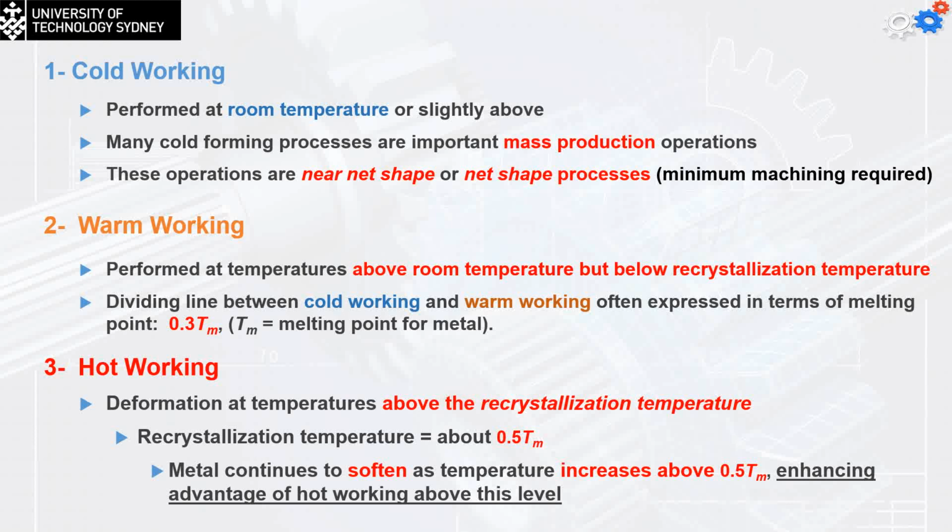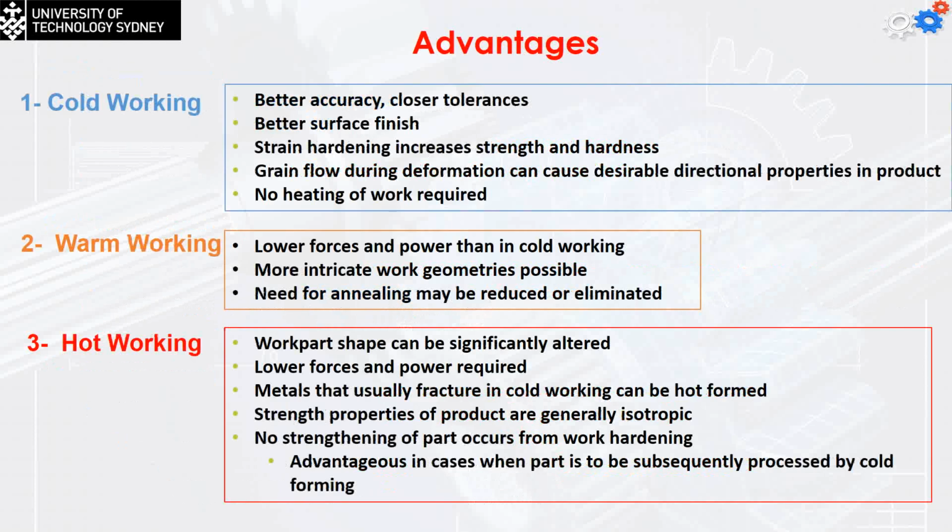So what are the advantages of each? The first one is cold working: the metal is cold and I'm going to form it, without adding any temperature or heat. That means I'm not going to expand it, so all the work is going to be more accurate in dimensions.